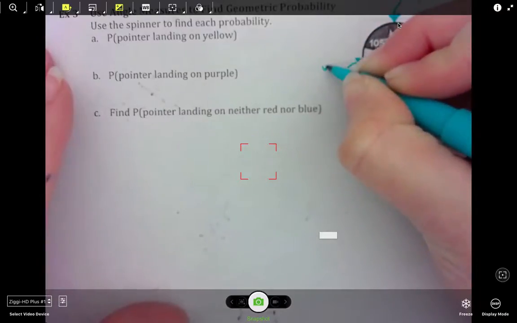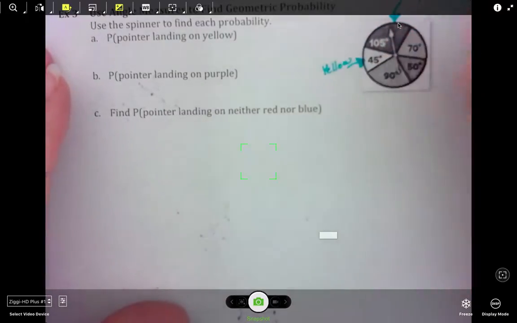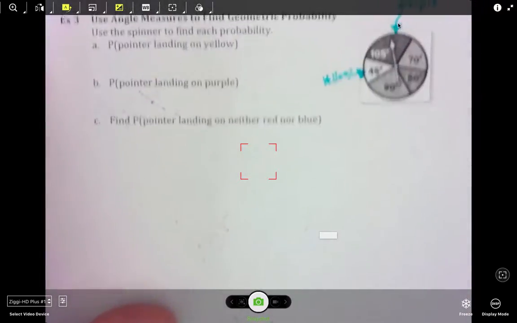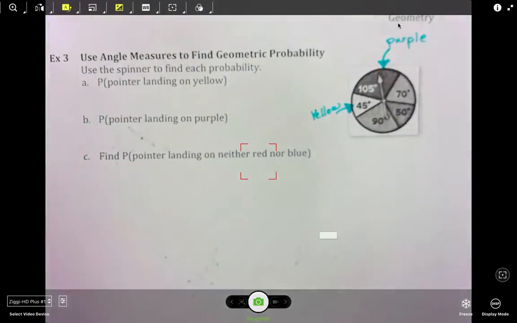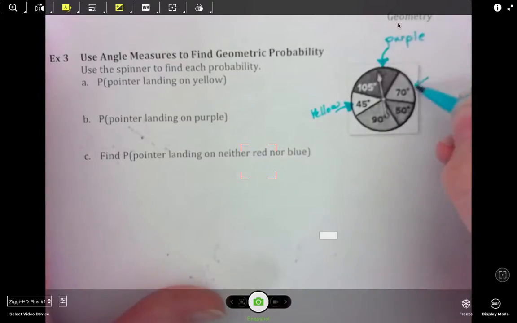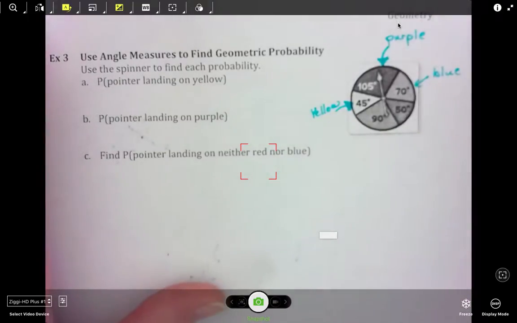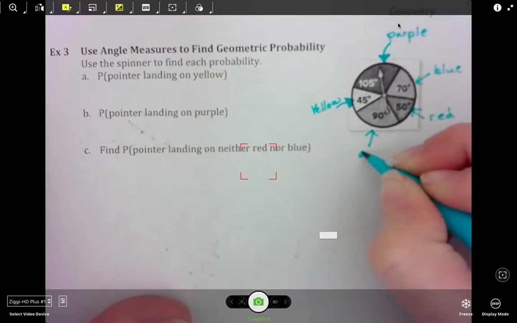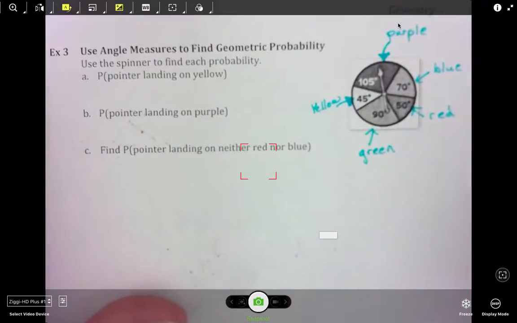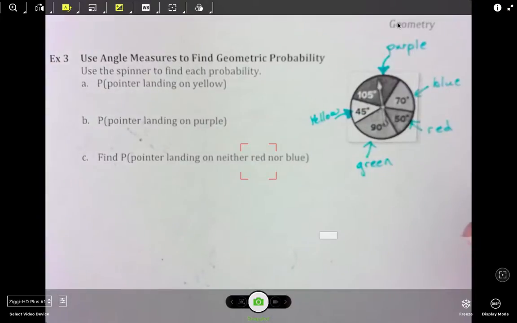Sorry about that. This one is yellow. If you look in your book also, you can find these. The 70-degree one is blue. The 50-degree one, this one's red. And the 90-degree one is green. It would help to print these in color, but we're cheap.